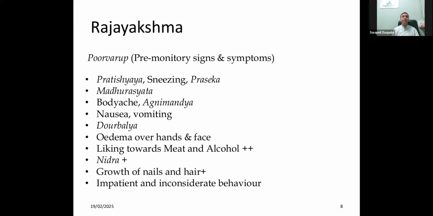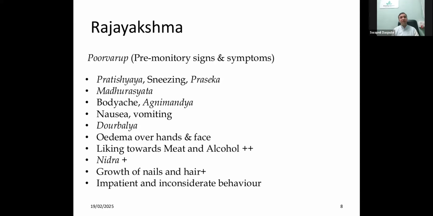So we know through physiology that whatever is depleting in the body, the body starts showing liking towards things which will nourish what has got depleted.